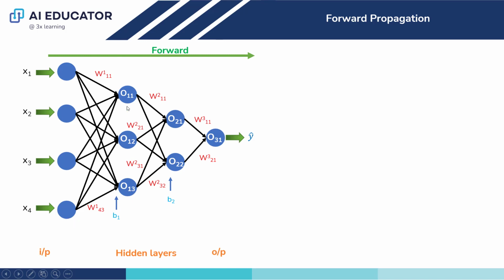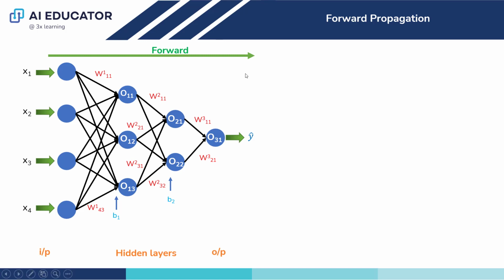We have the first hidden layer with 3 nodes and the second hidden layer with 2 nodes and the output layer with 1 node. And the data is sent through the input which is x1, x2, x3 and x4. Now for every connection there are weights assigned and we also have the bias for the hidden layers. There will not be a bias for output layer.